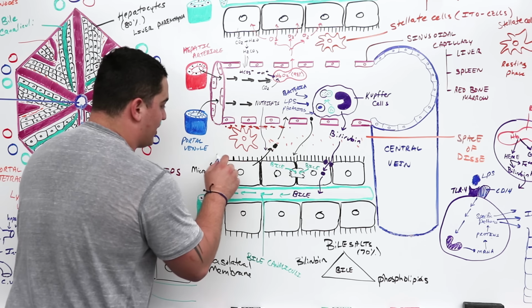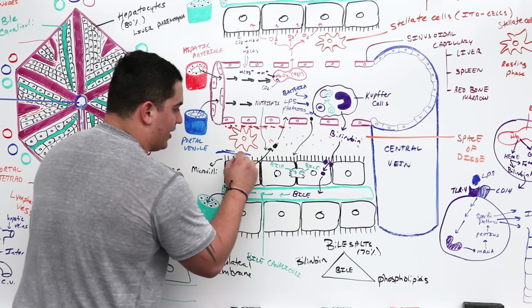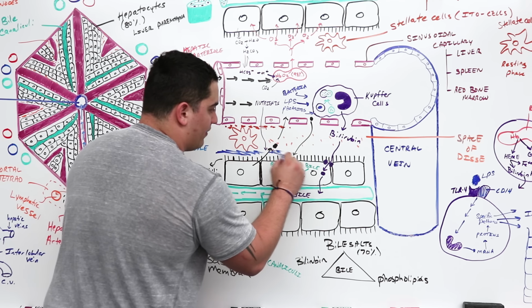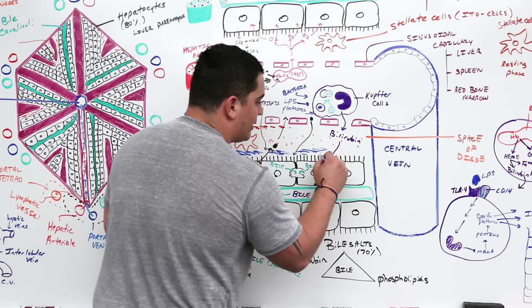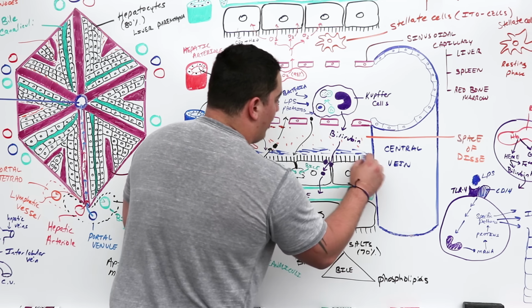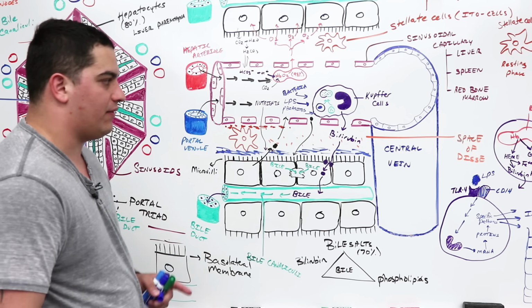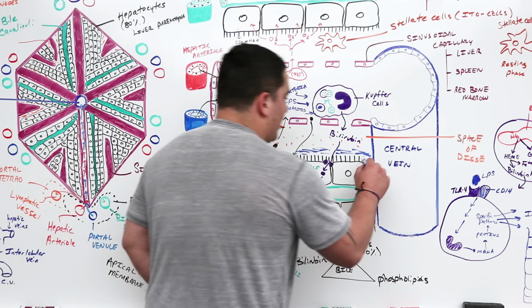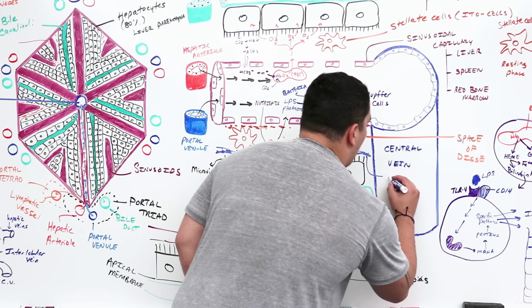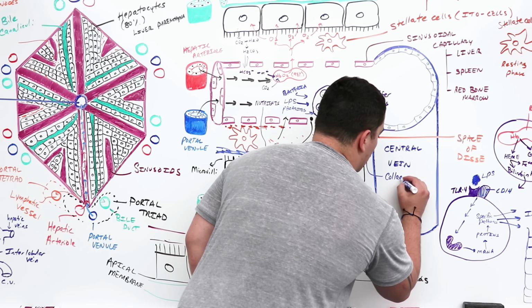What's really interesting is that there's a lot of connective tissue in this area, in the space of Disse. So you can say that the hepatocytes rest on this connective tissue matrix in the space of Disse. And this connective tissue matrix is made up of a ton of different types of collagen.